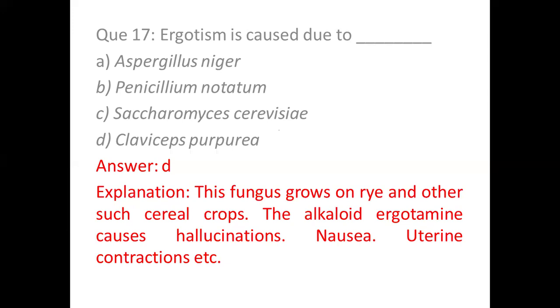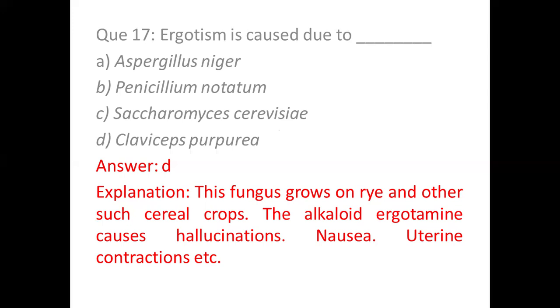And as I told you, this infects rye and other cereals. It is also known as ergotosis, ergot poisoning, and Saint Anthony's fire. You should remember this. Saint Anthony's fire is related with ergotism, and it is caused by the Claviceps purpurea.